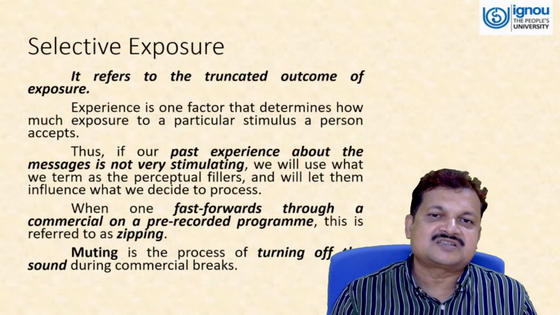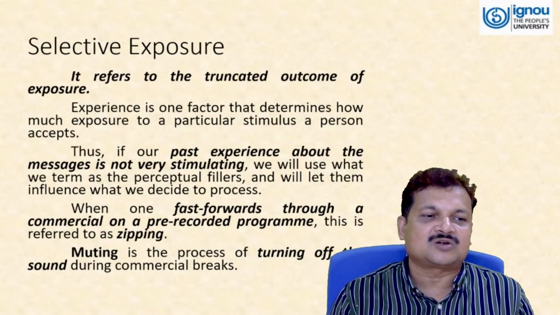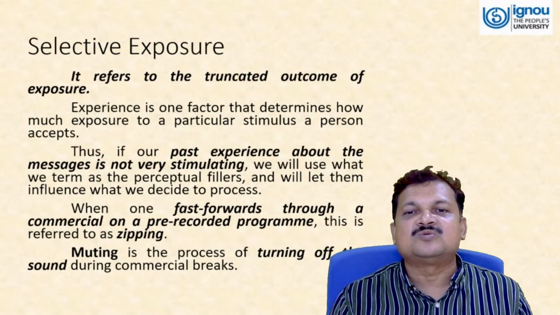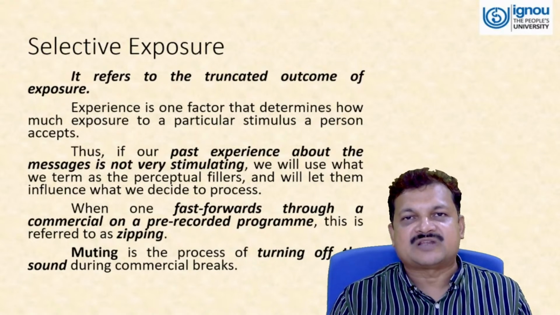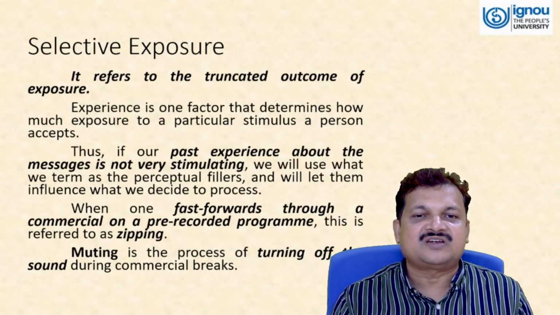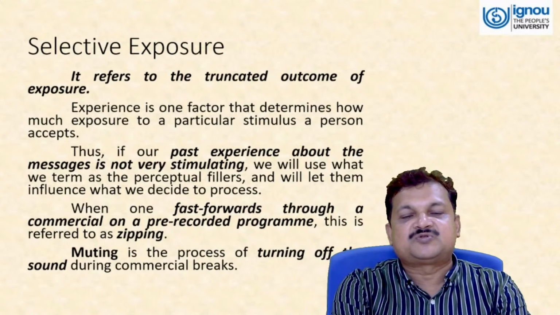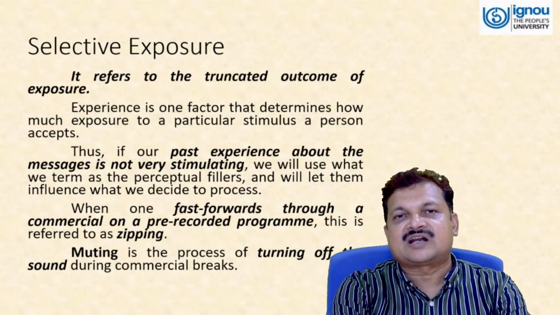So experience tries to control your stimuli. If you have more knowledge of a particular brand of product, you may not accept more stimuli from it. Thus, if our past experience about the message is not very stimulating, we will also avoid it. That means perceptual filters. Sometimes we neglect things.